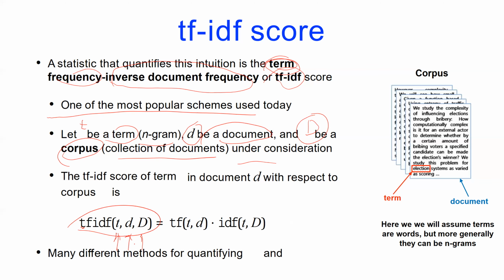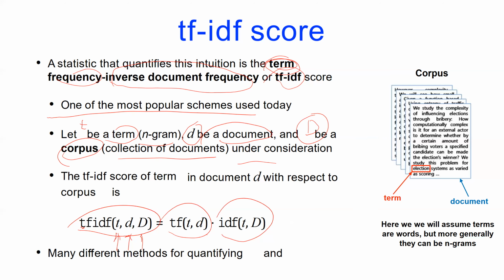How does that work? This is actually very simple. We compute the term frequency, then we compute the IDF term, then we multiply them. Very simple. So the score is completely separable, and we compute it in two steps. First, we only look at the term frequency.